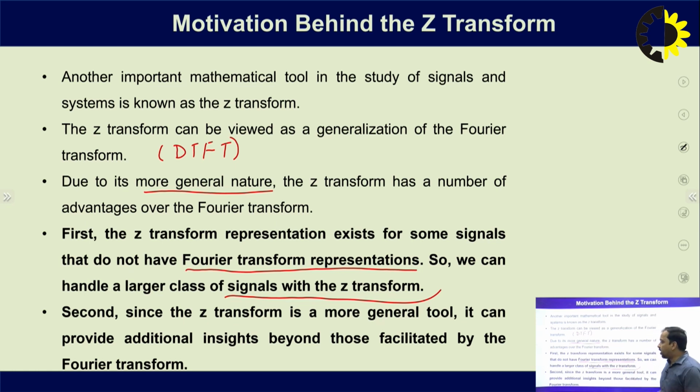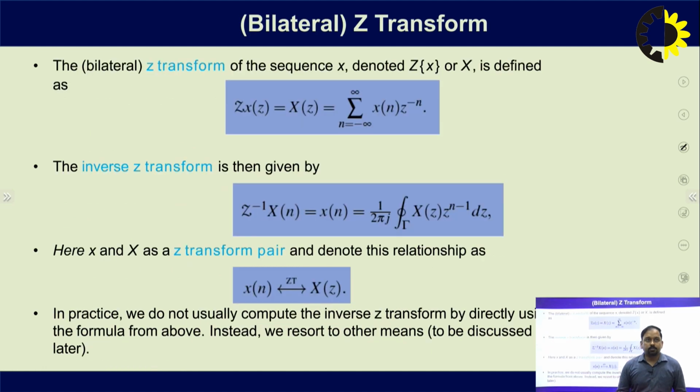The second advantage is that the Z transform is a more generalized tool, giving additional insight beyond that facilitated by the Fourier transform. It can be applied to various other types of signals for which the Fourier transform could not be calculated.